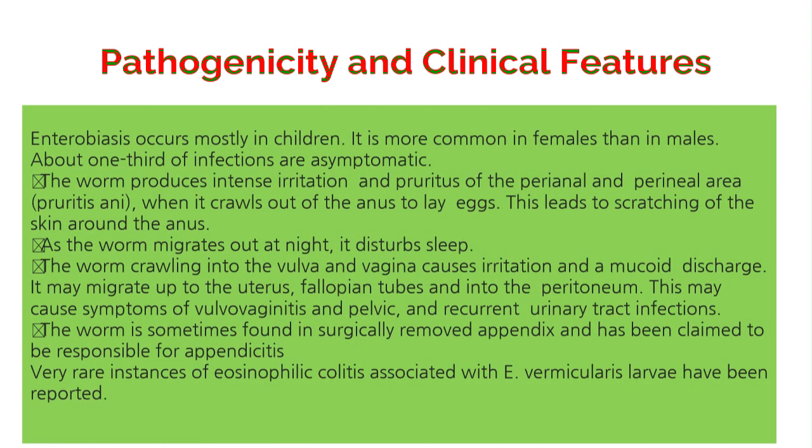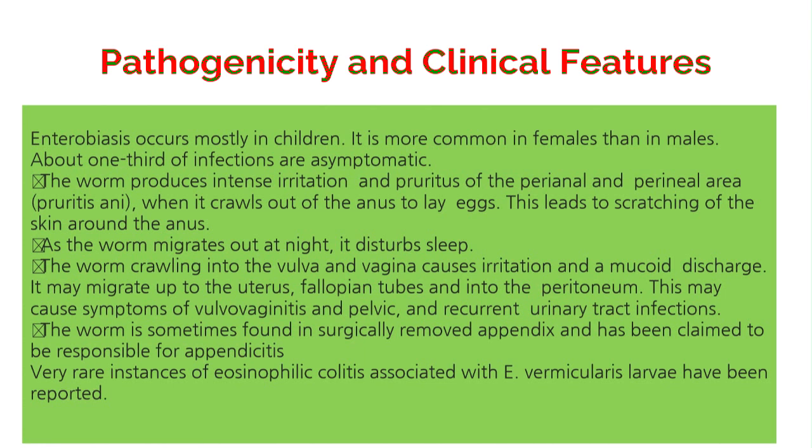When it crawls out to the anus to lay the eggs, this leads to scratching of the skin around the anus. As the worm migrates out at night, there is disturbance in sleep. The worm crawling into the vulva and vagina causes irritation and mucoid discharge.